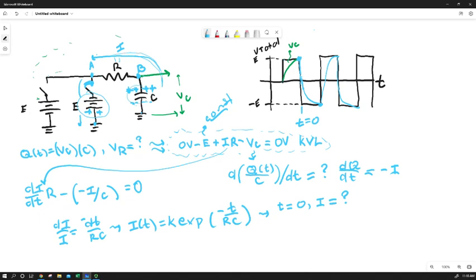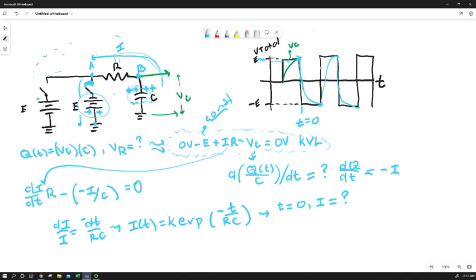So we're not going to get any resistance from our capacitor. It's simply going to act like another voltage source. How big was the voltage source? Well, we already charged it up to E back here in that first part of the step.